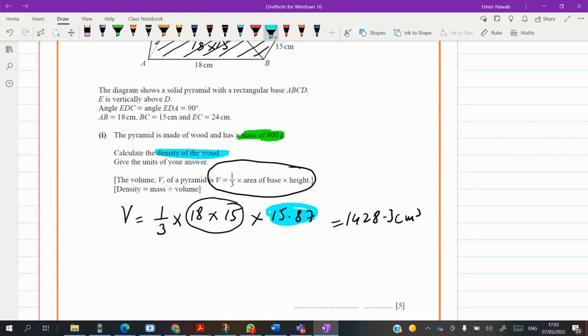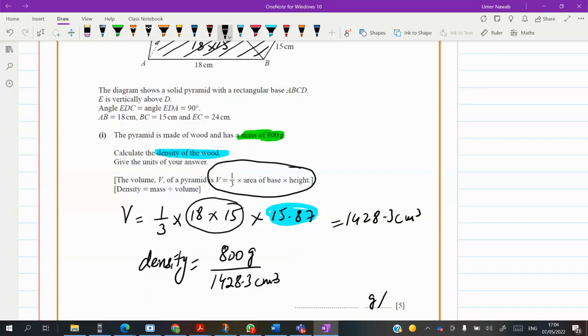He wants density. The formula for density is mass per unit volume. Mass was 800 grams, and volume was given as 1428.3 centimeter cubed.